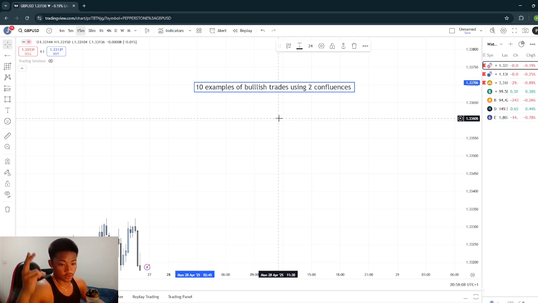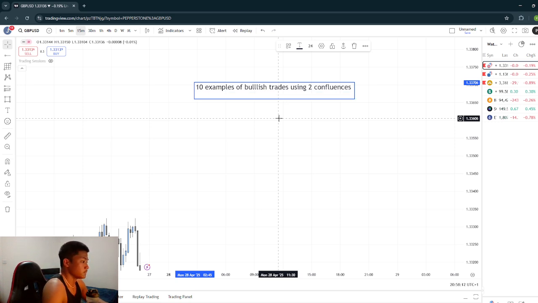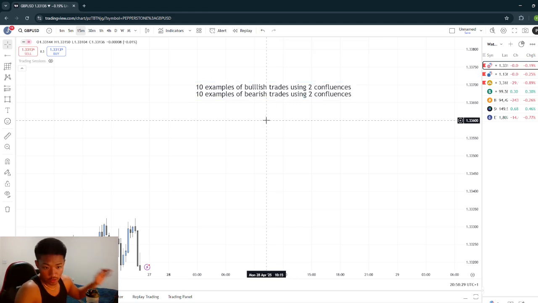Yeah, and then you've got to add your fair value gap, or you can add equilibrium, or you can add order block, whatever. And then 10 examples of bearish trades using two confluences. Okay, that's your homework. That should take you some time.